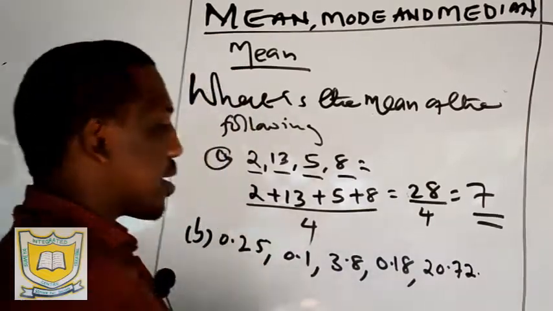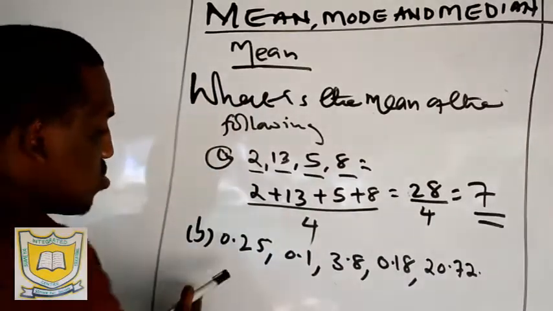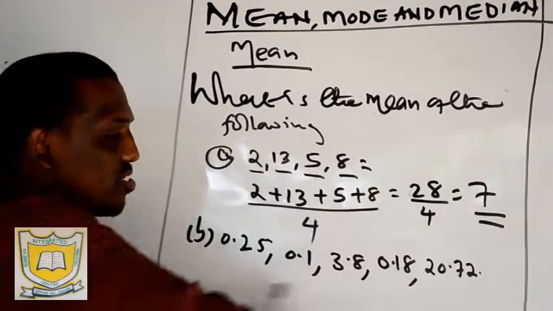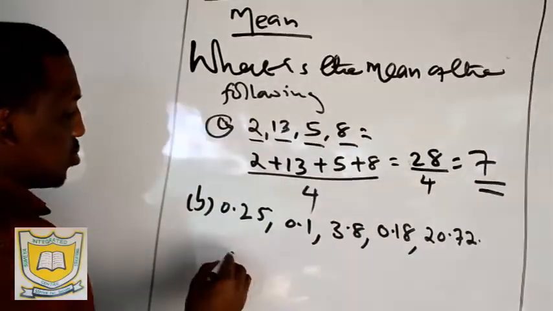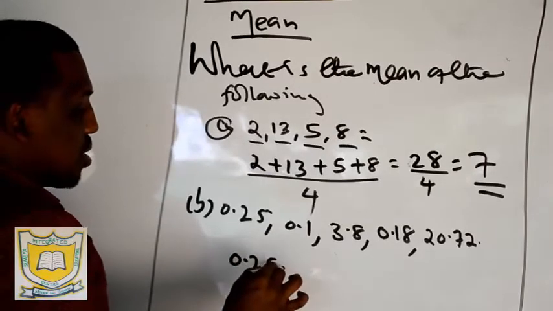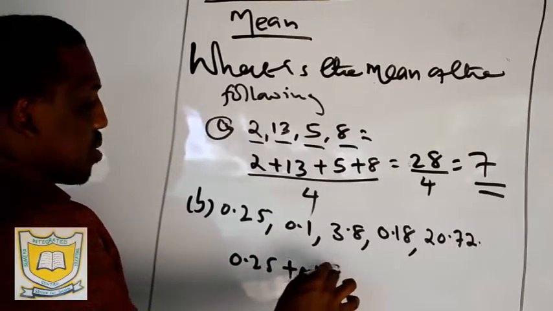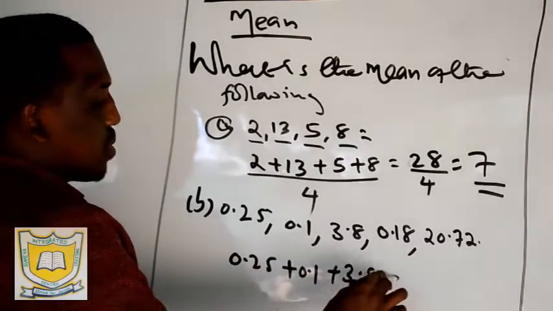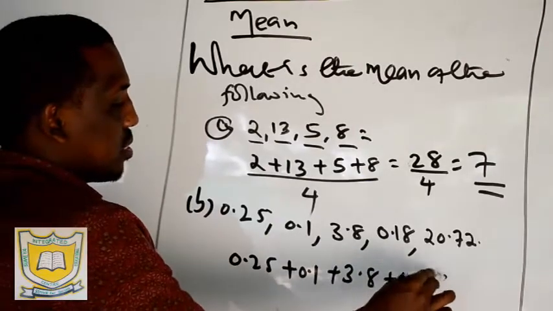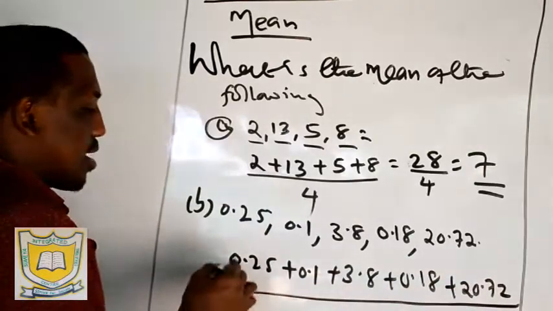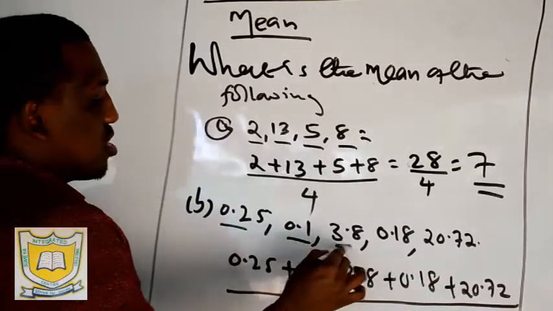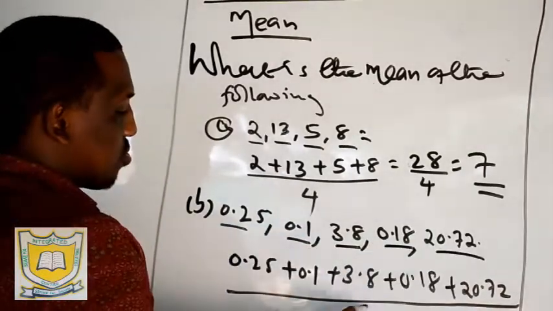You are told to find the mean of these numbers. To find the average mean of these numbers, you add first. So you say 0.25 plus 0.1 plus 3.8 plus 0.18 plus 20.72, all over how many are they? 1, 2, 3, 4, 5, all over 5.